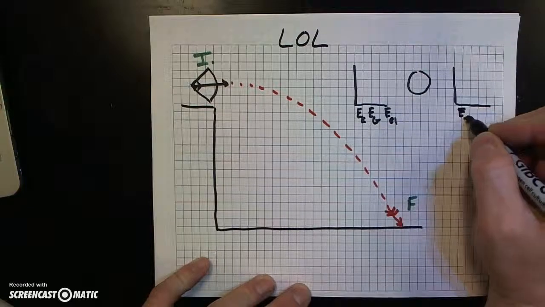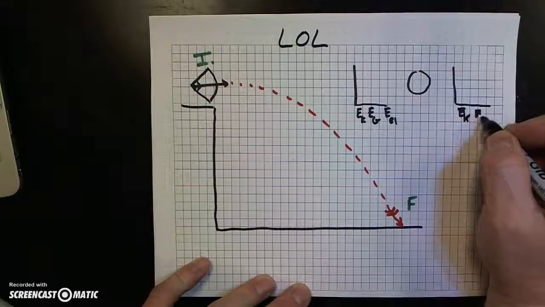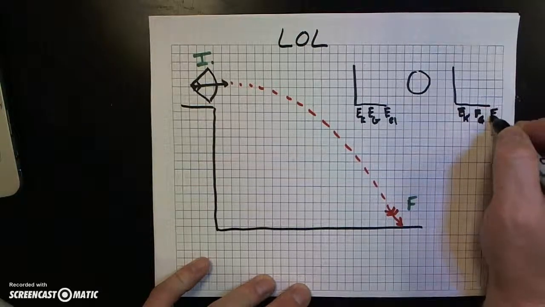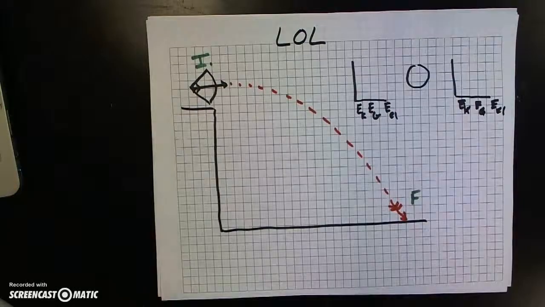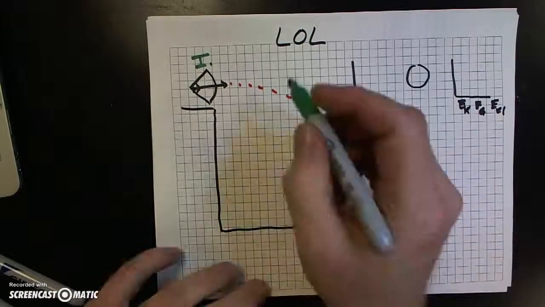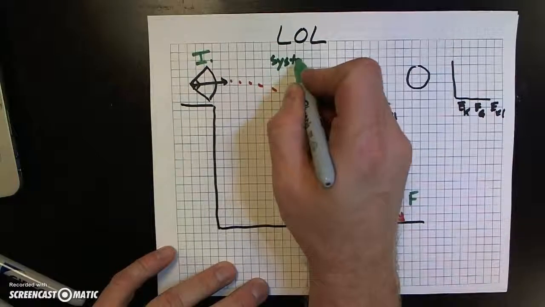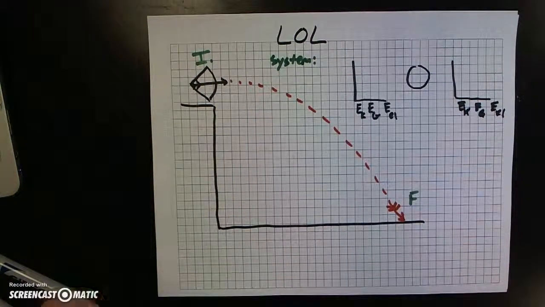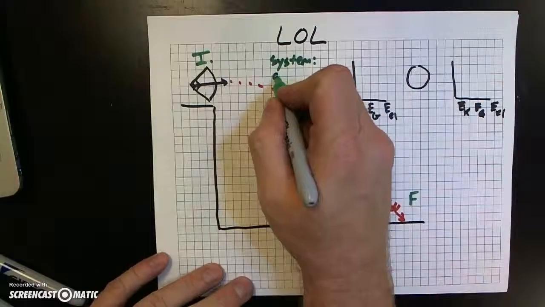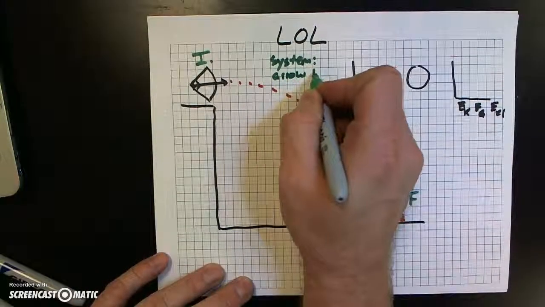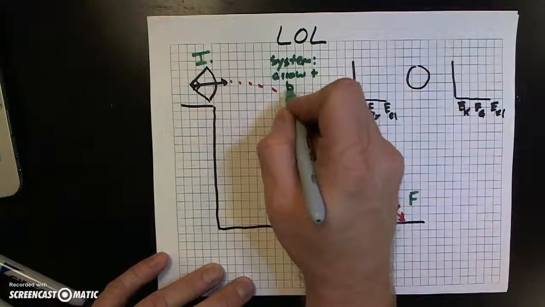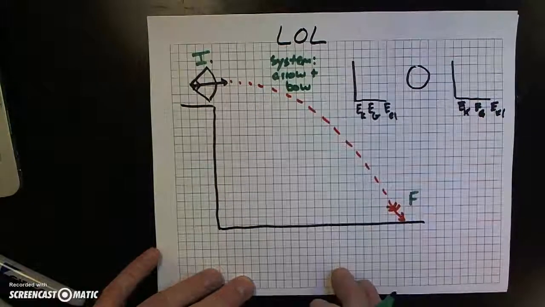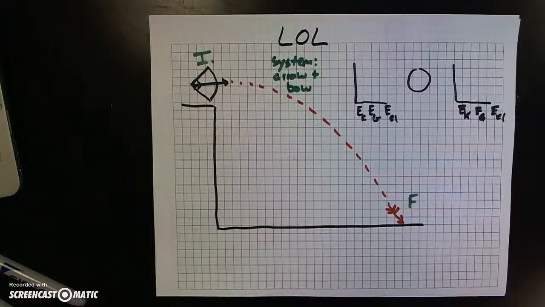And the same goes over here: energy kinetic, energy gravitational, and energy elastic. I want to start off with the system being just the arrow, so I'll include the arrow, and I'm going to include the bow. And that is going to be it.